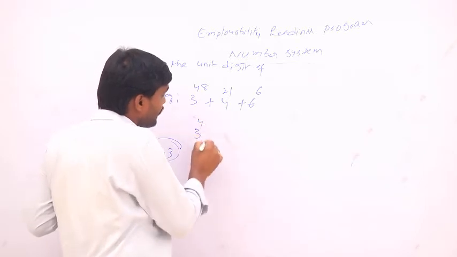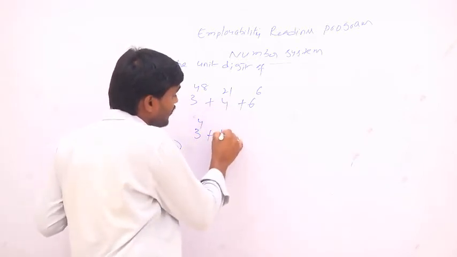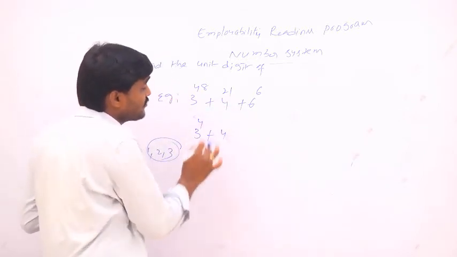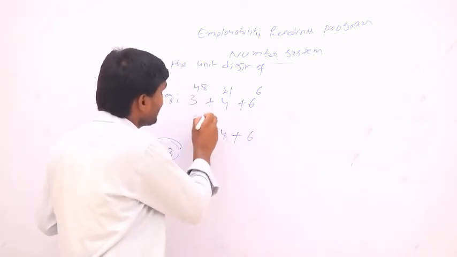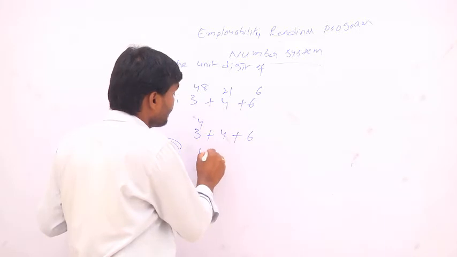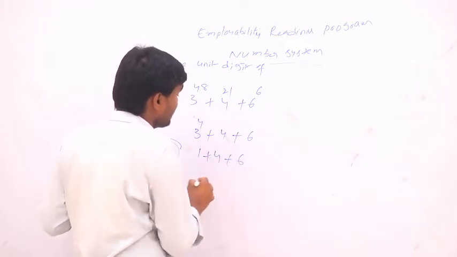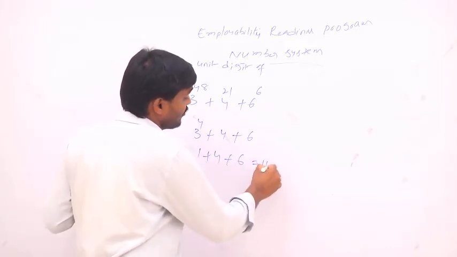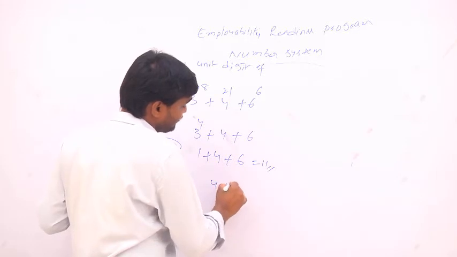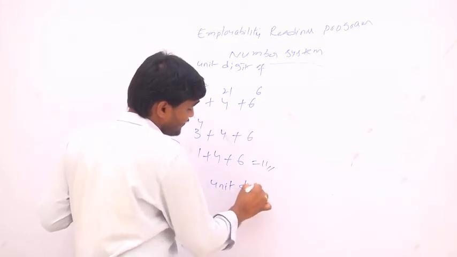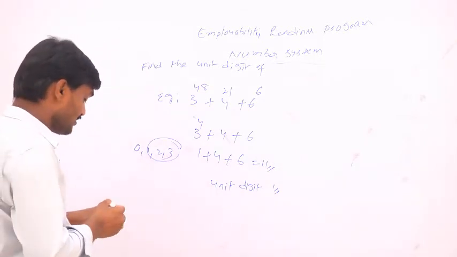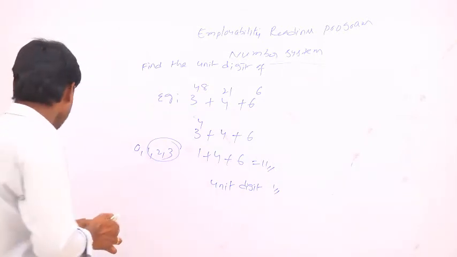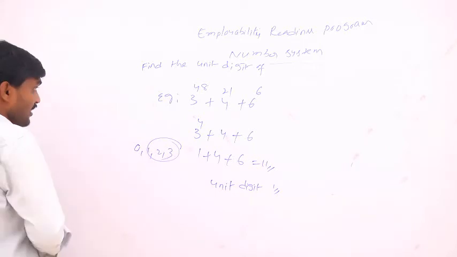So 3 power 4 plus 4 power 21 plus 6 power 6 gives 1 plus 4 plus 6, so 11. The unit digit is 1. Coming to the next, find the sum of the factors of 48.